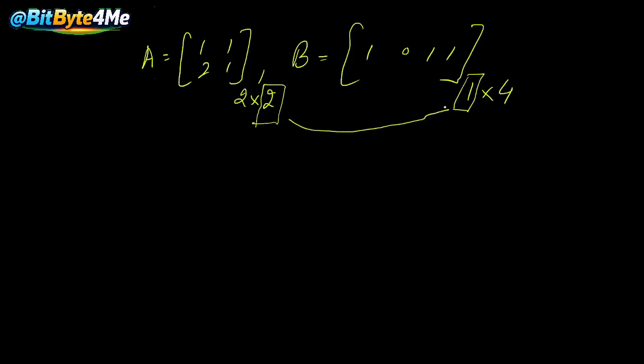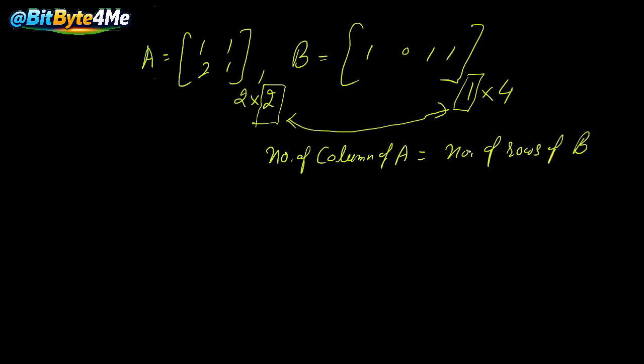So these two must be equal. The number of columns of A should be equal to the number of rows of B. This is the basic criterion. So these two matrices can't be multiplied.